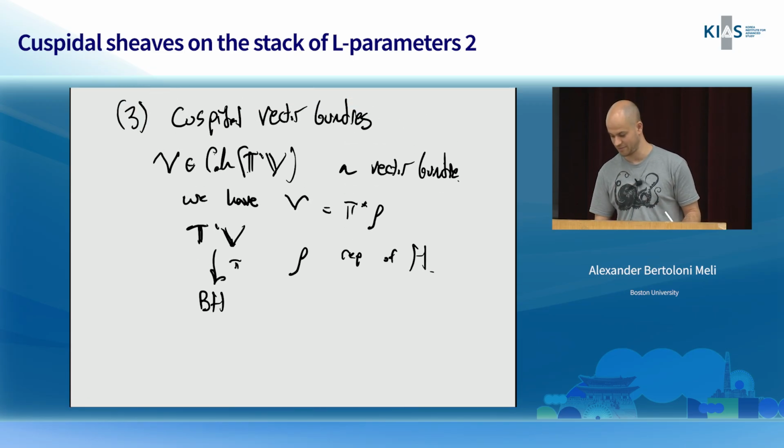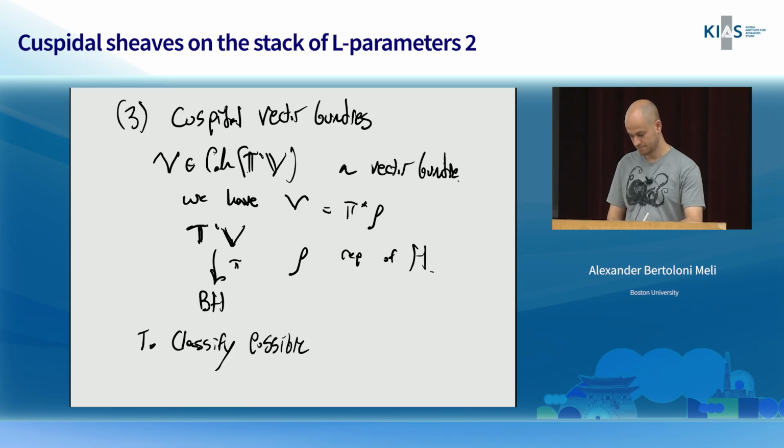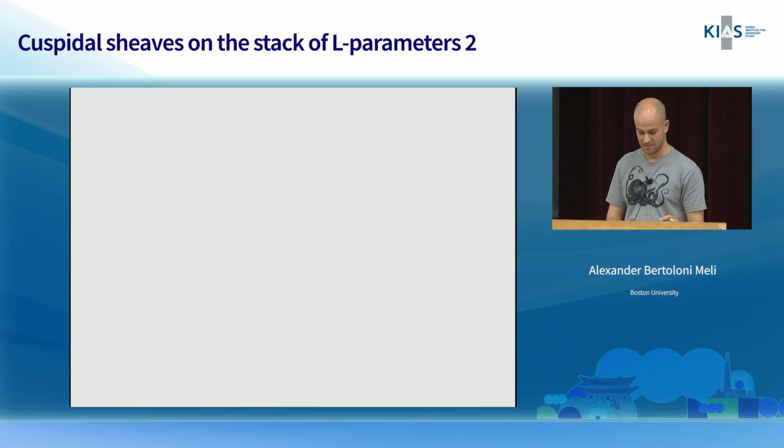I think it goes by the name equivariant Nakayama. So to classify possible cuspidal vector bundles, assuming these are not reducible, we need to compute weights, as one does.